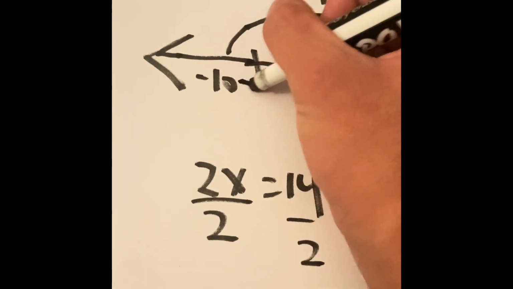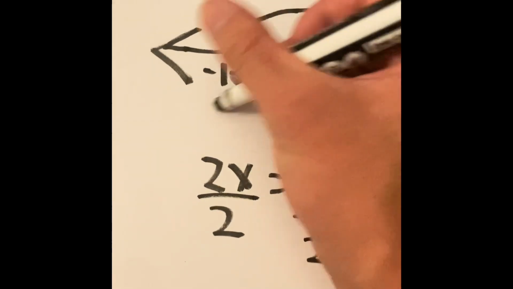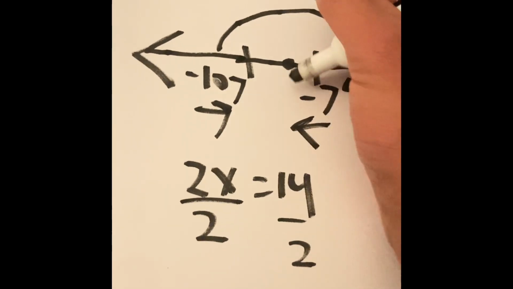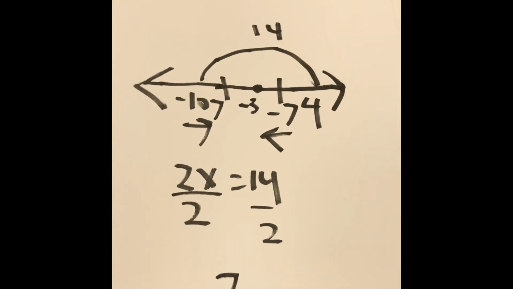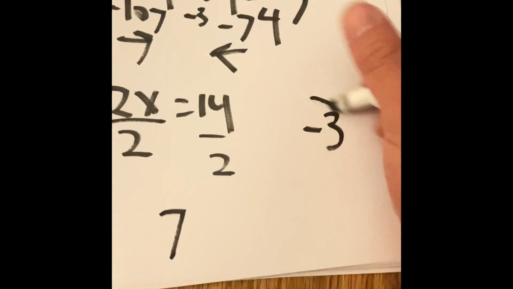So we add 7 this way and subtract 7 that way. When we get the middle point of -10 and 4, we're going to get -3. So the midpoint of -10 and +4, the halfway mark, is -3.